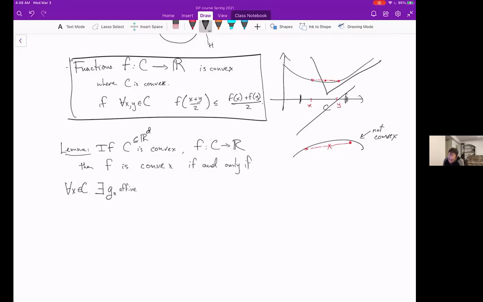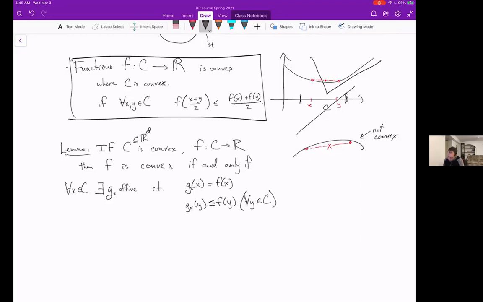that lower bounds it. So what's an affine function? It's like a linear function, but it can have an offset term. So G can be written, G of X at value Y can be written like, well, I'll write out the formula in a second, such that G sub X at x is equal to f of x, and G sub X at y is less than or equal to f of y for all y in the domain.